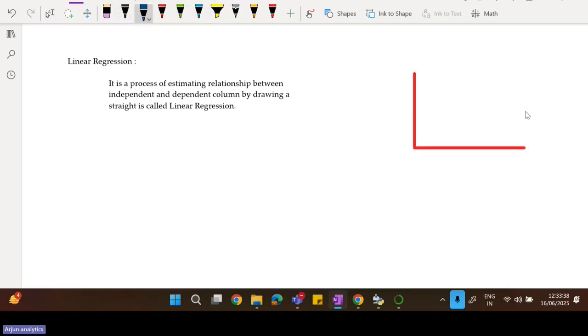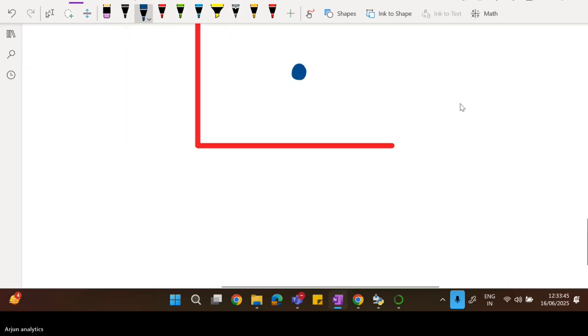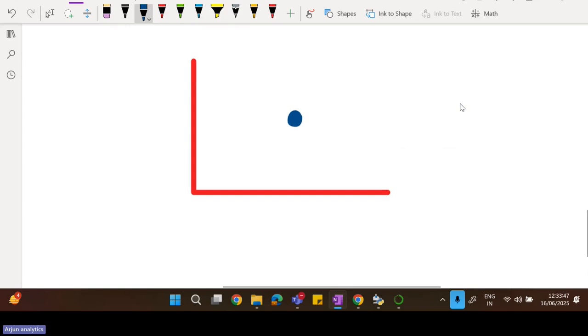Take it as this is a point here. Now try to understand this. How many lines can you pass through this point?